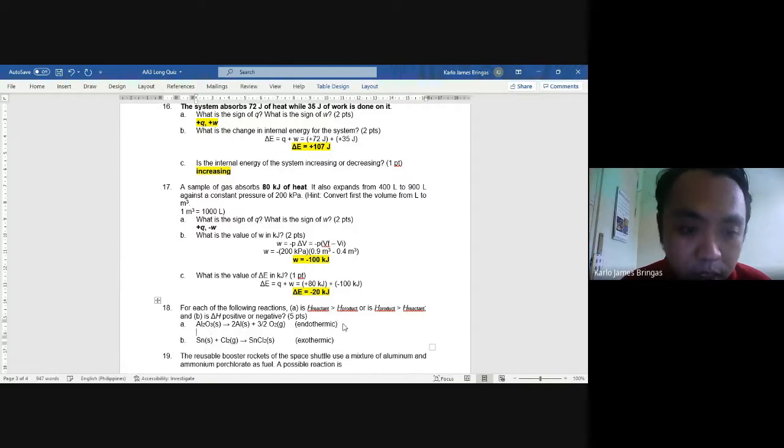Now, as for number 18, there were a couple of questions asking, so mauuna ko ba i-answer si letter A or si letter B? Since there are two drop-down menus. So, K-Hub is checking it.